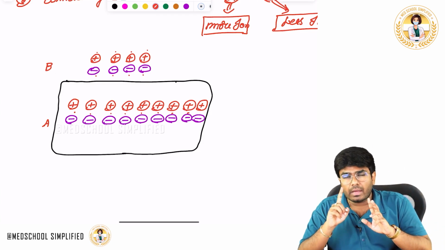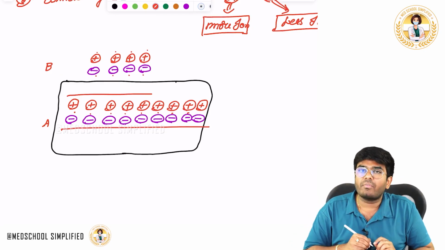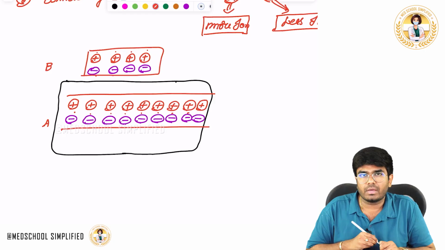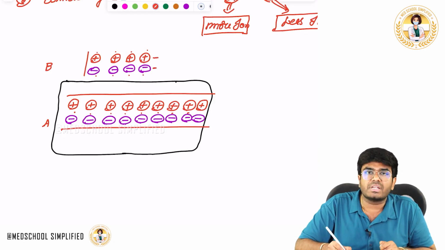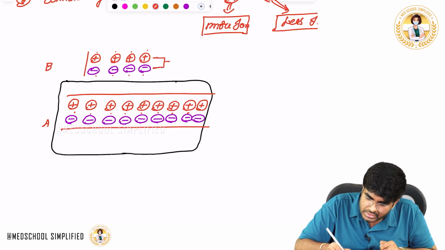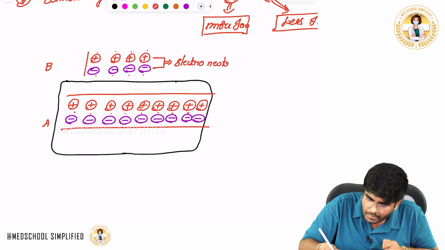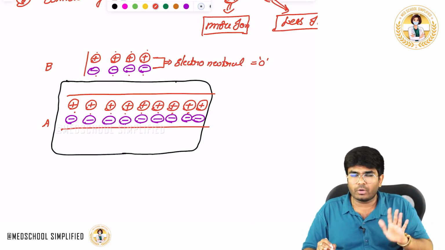But I have told you, in one compartment there are more number of ions. In the other compartment, there are less number of ions. But the number of positive charges and the number of negative charges are equal. So here this is electroneutral, means 0. Okay, there is no positivity or no negativity.